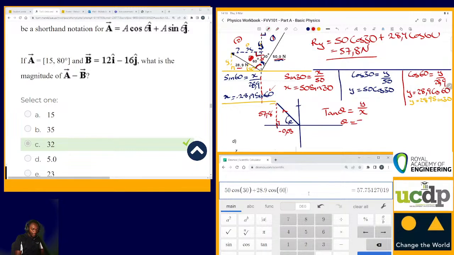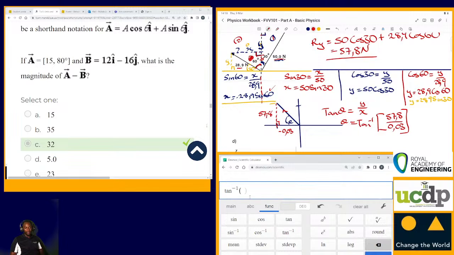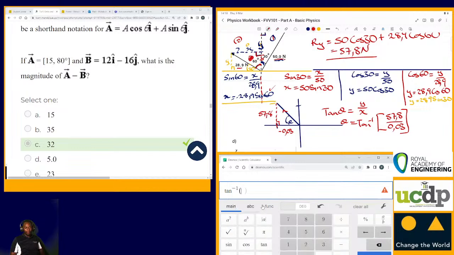So theta is arctan of y, 57.8, over 0.03.